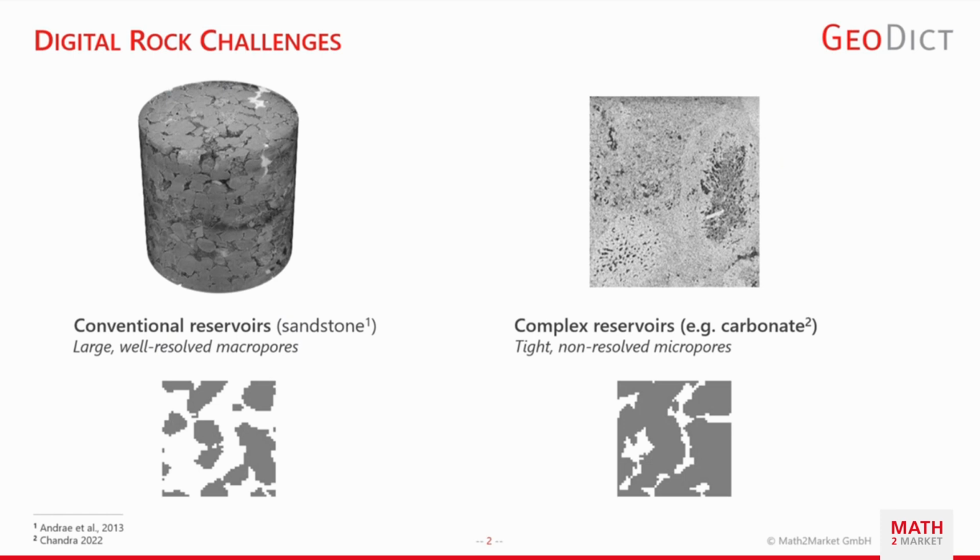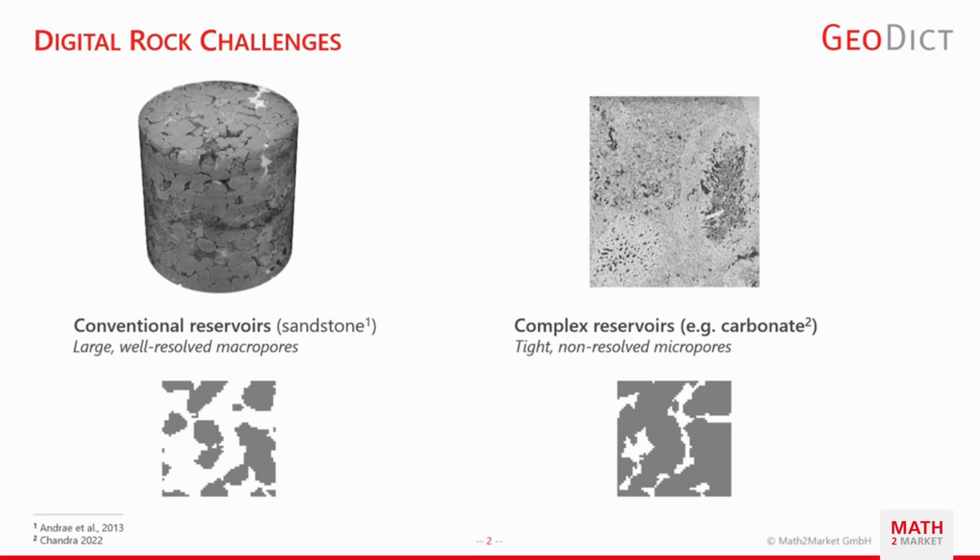So some of the challenges you are facing are, for instance, you have conventional reservoirs, sandstones, where the resolution you have with your micro CT devices is mostly sufficient to capture the dominant pore throat sizes. So you can directly compute flow fields and then get the absolute permeability.